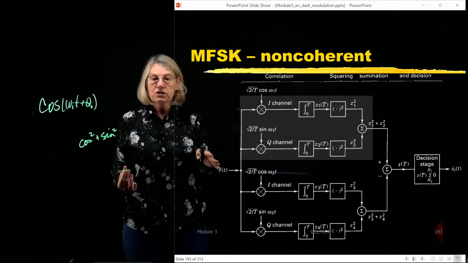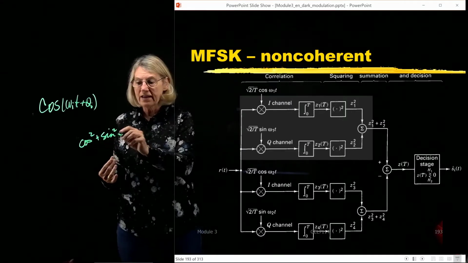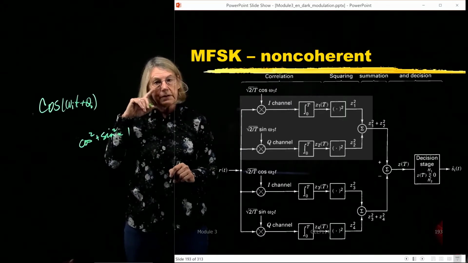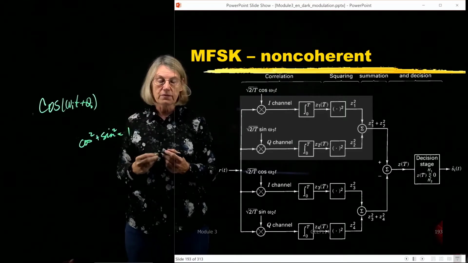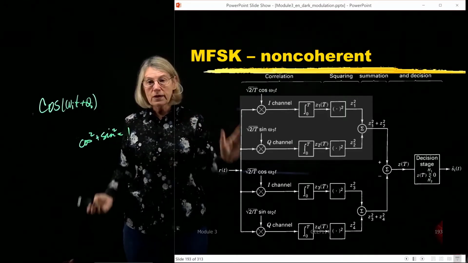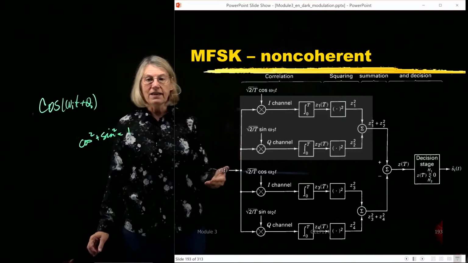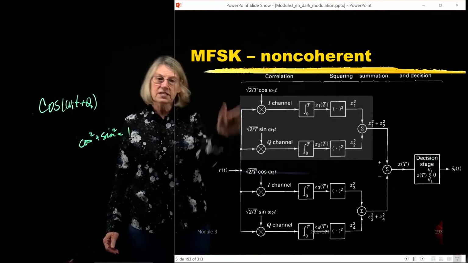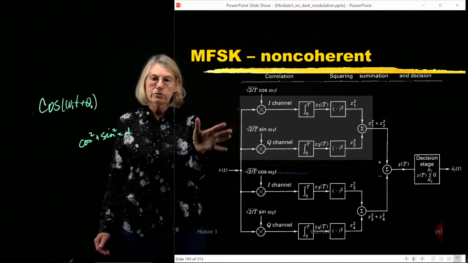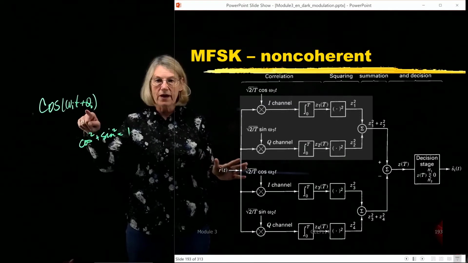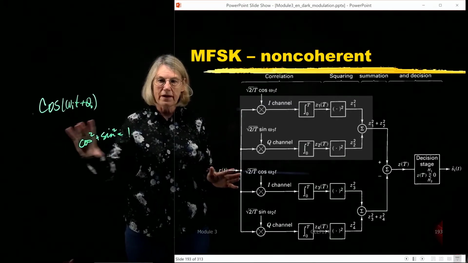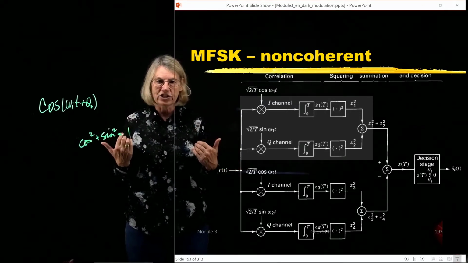Using this approach, I can be sure that I always get energy, because I'm going to take the energy from each one of the branches. So that's one approach, and I avoid using the phase-locked loop. I don't have to track this phase, because no matter what the phase is, I'm going to get energy out.